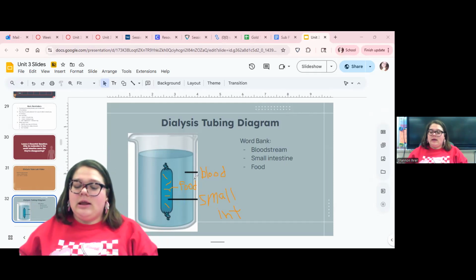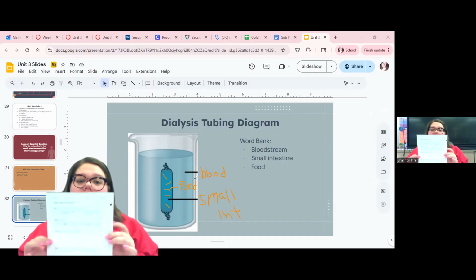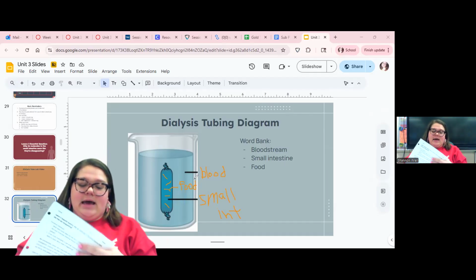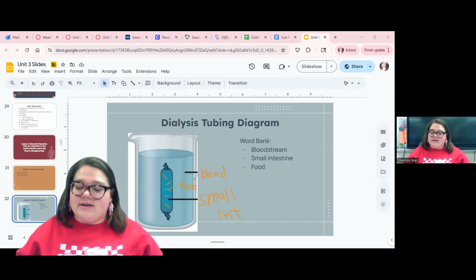When you have all of that done, you are going to flip over to page 17. At the top, it says dialysis tube investigation.